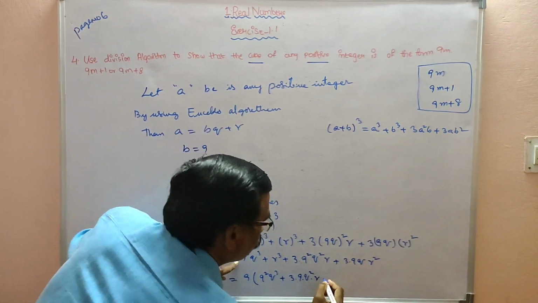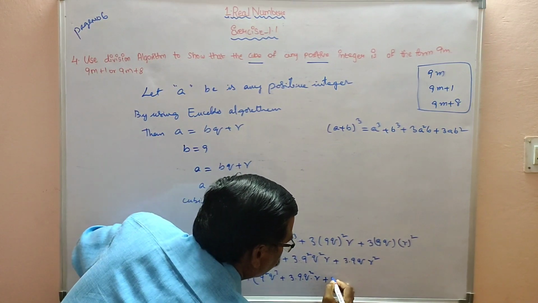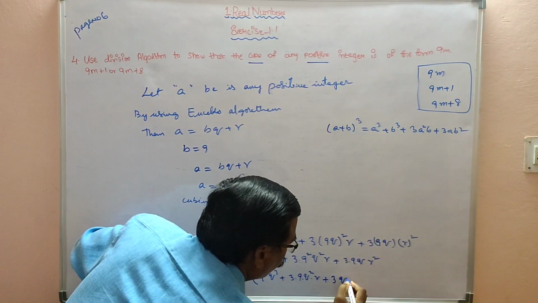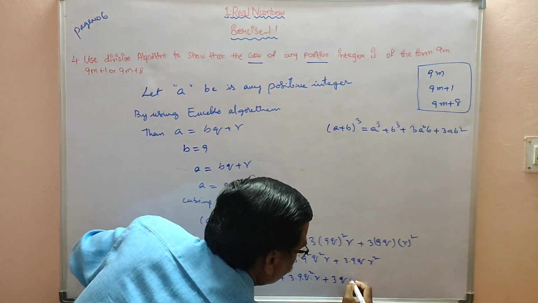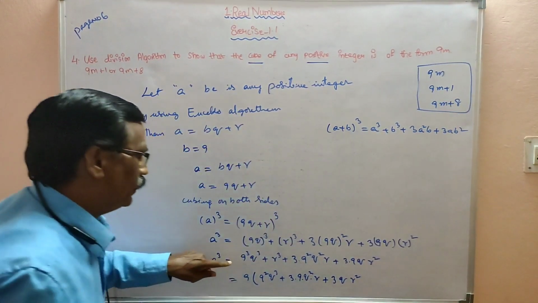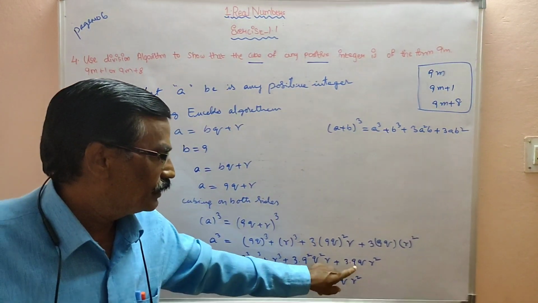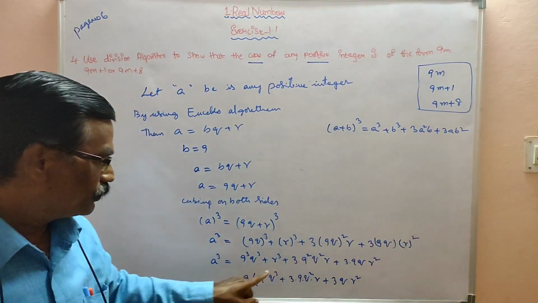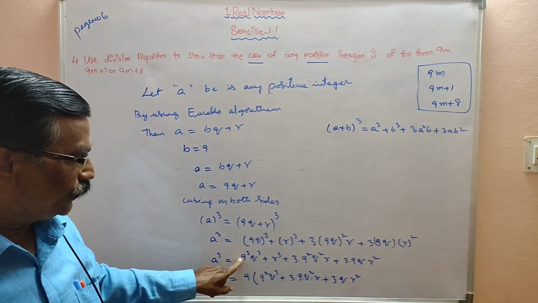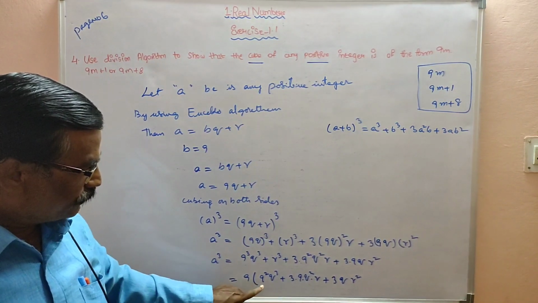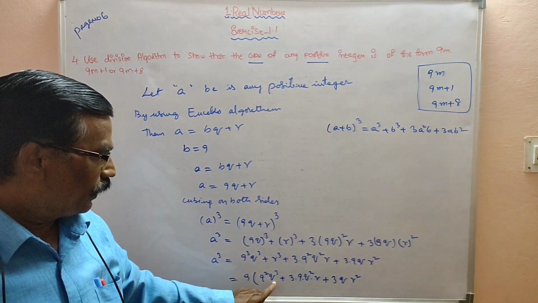And in the last, 3 q r square. See, 9 is there in each of these, so I take one 9 outside as common. The 9 cube becomes 9 square q cube plus r.